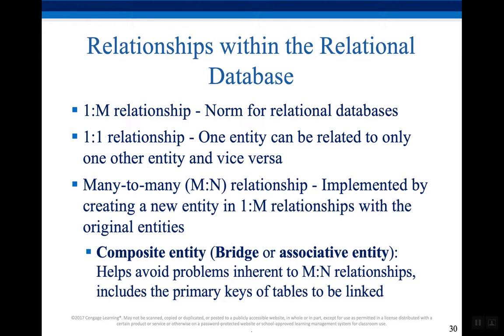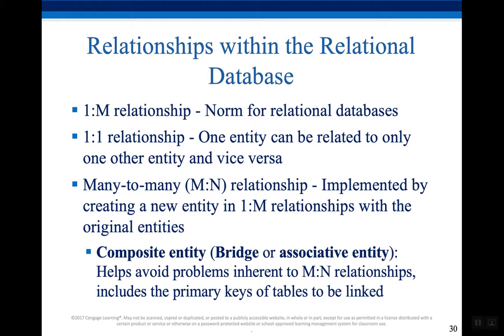We talked about this idea of relationships. This is one of the fundamental backbone concepts. You have a one-to-many relationship between tables. It's probably what we see a lot of in relational databases. We see one-to-one also, where one entity can only be related to one other entity and vice versa.